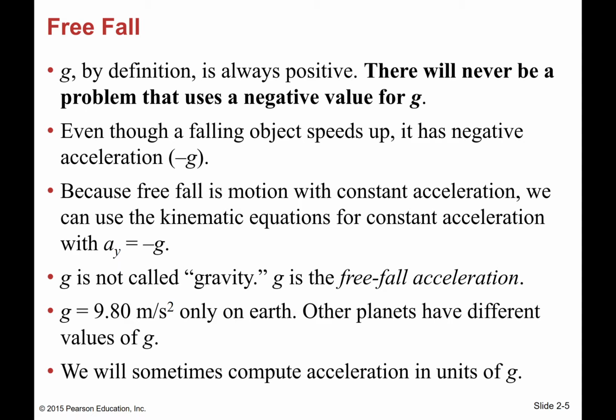So there are some key points here. g is a symbol that we are going to use to denote the magnitude of the acceleration of gravity, and it's positive. This is a number, it's 9.8. The sign, the direction of the acceleration of gravity, is going to depend on how you choose your coordinate system.